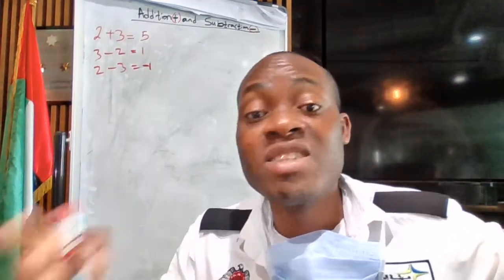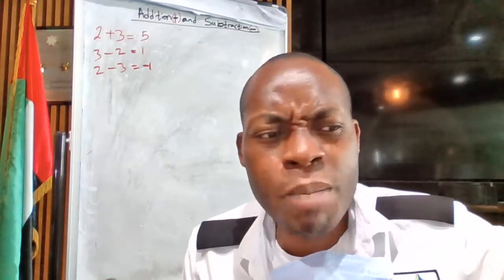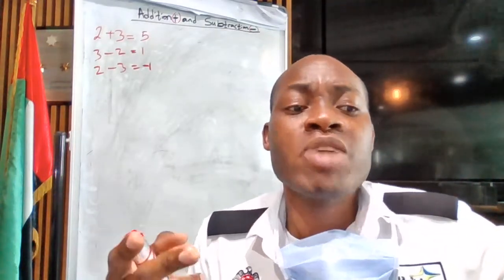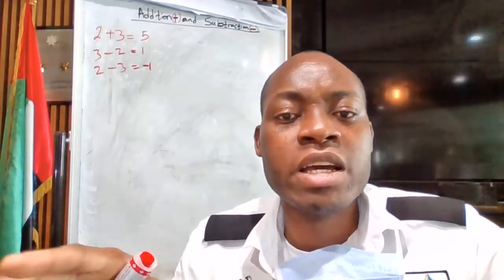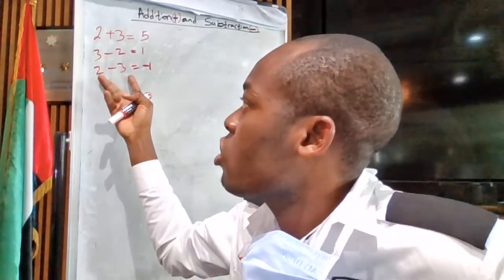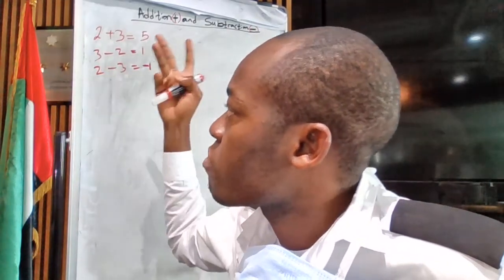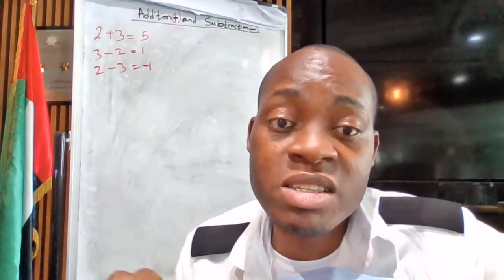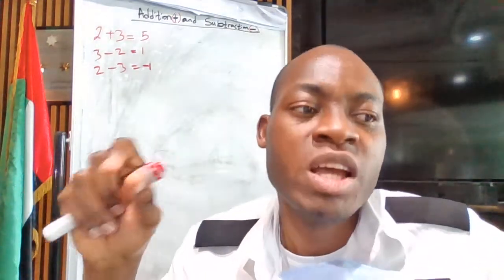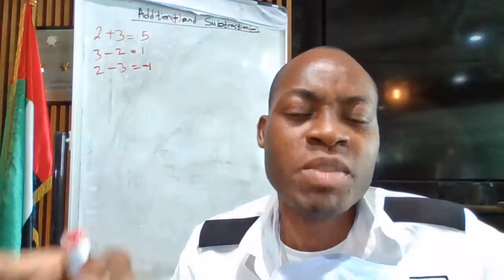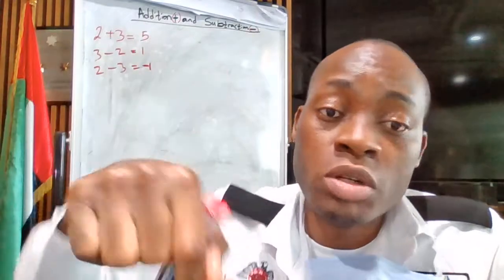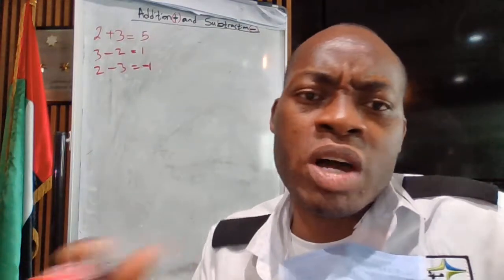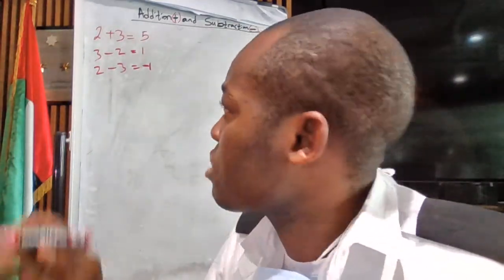What I'm trying to say in essence is that there are items that look alike, like ordinary numbers. All what we have done here are ordinary numbers. You can add them. All numbers are the same entity. That is, they are like terms. Now, unlike terms, you cannot add them. That means their answer will remain as the question. What am I trying to say in essence? Let's look at algebra, the use of alphabets in mathematics.